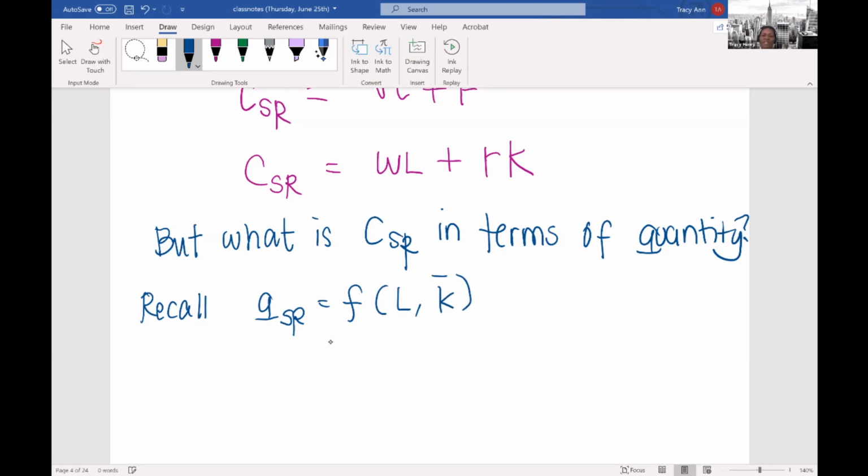Our production function is Q_SR, some function of L and K. Since capital is fixed, I can rewrite this function in terms of L. So rewrite it in terms of L.